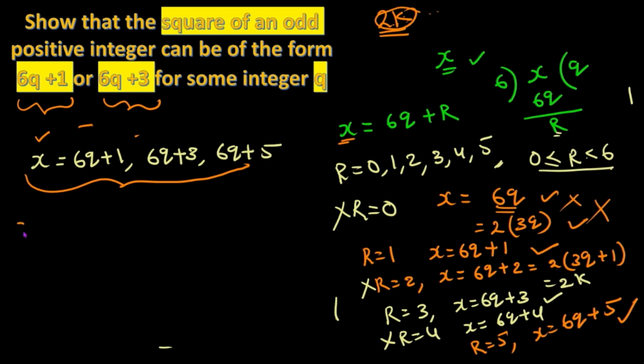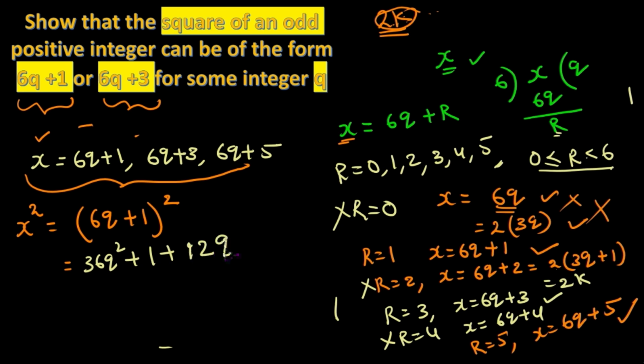So we are doing x square. The first term I am doing is 6q plus 1, square. So what is the square if you do here? 36q square plus 1 plus 12q, right?